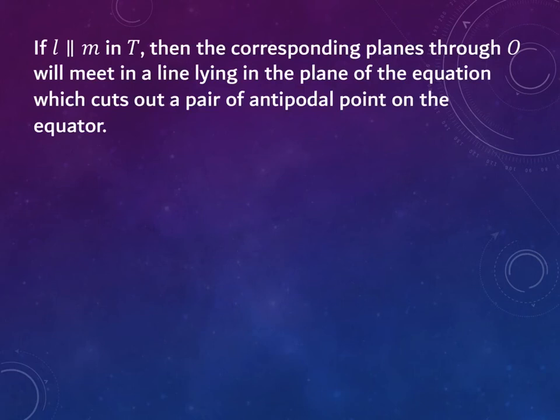So antipodal, if that's a word that you haven't come across before, would be like the North Pole and the South Pole. They're on exact opposite sides of the sphere, okay? Exact opposite sides of a great circle. And they would be on the equator.